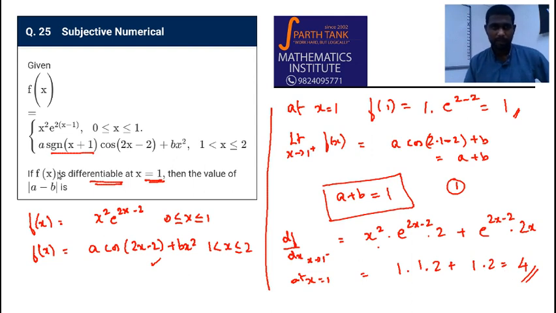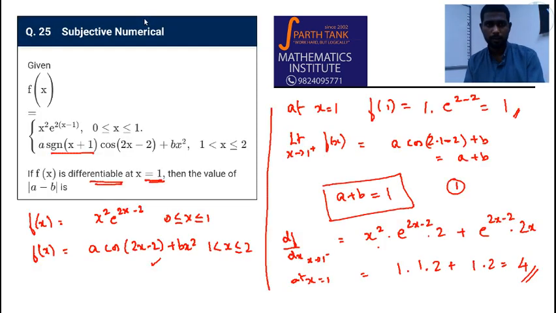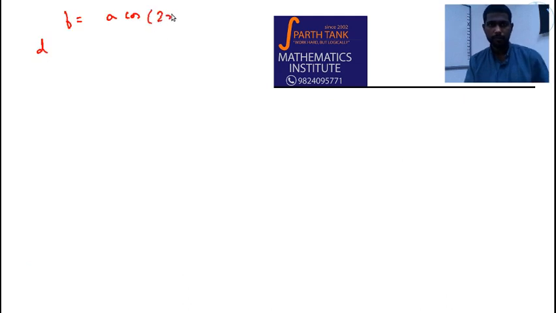Right. Let us calculate the right limit from here. That is df, taking this function, a into cos of 2x minus 2 plus bx squared. We will find d by dx of f for values of x greater than 1.